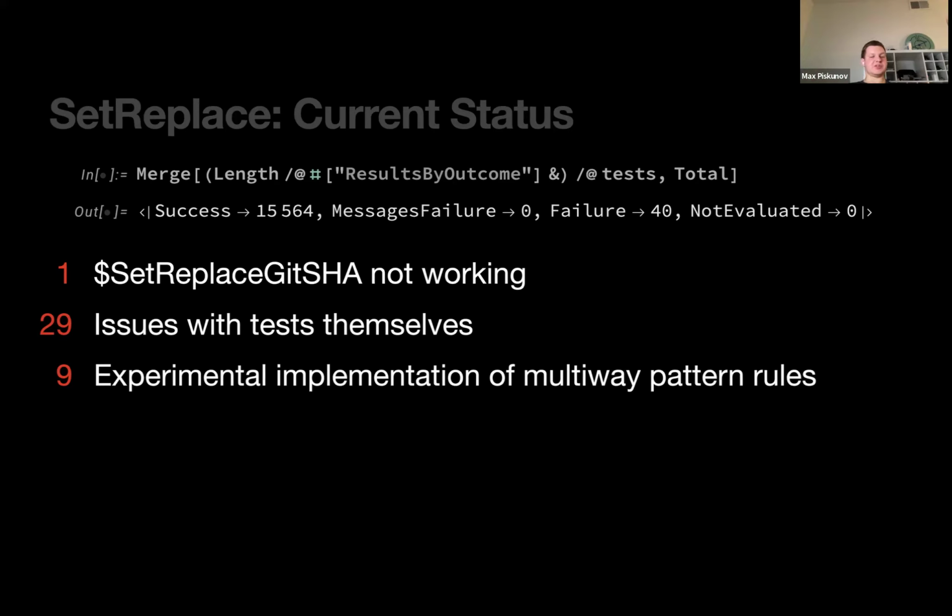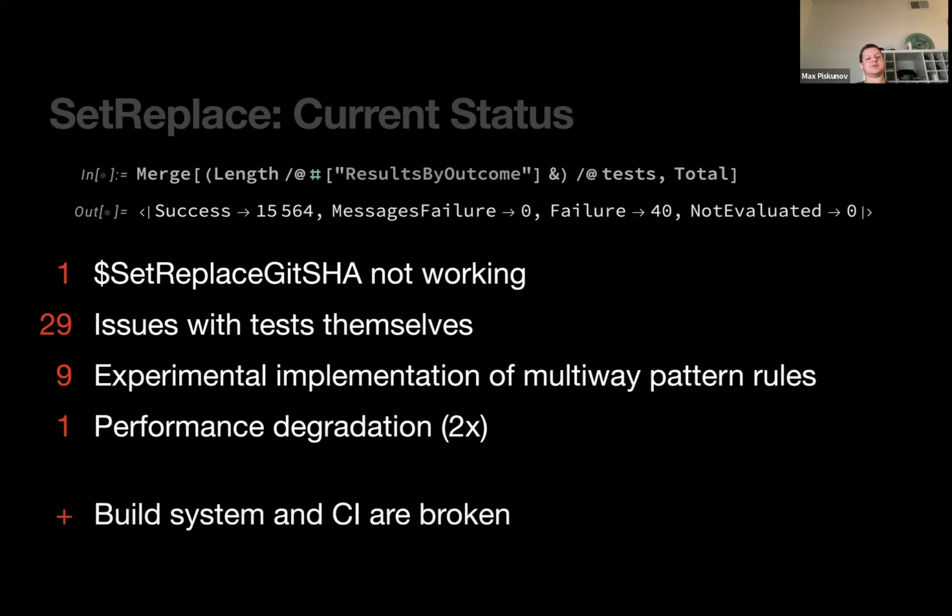So if you just use functions that are listed in the main README, you would not encounter that. But that one was work in progress back in 2021. And then there is one performance test that's failing. It seems to be 2 times slower than expected. And also the build system doesn't work, so you cannot build it from source.